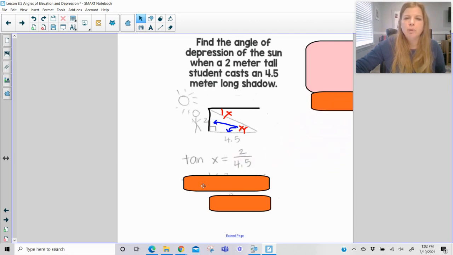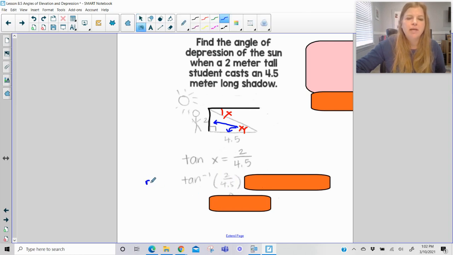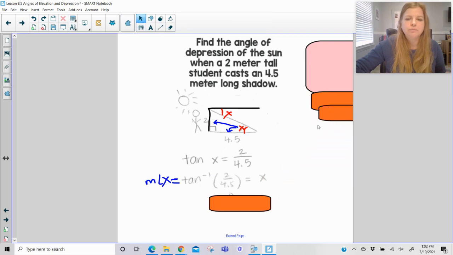And so remember, when you go to find the angle measure, we're going to say the inverse tan of that function is going to give us that angle. So I could even add in here, the measure of angle x is equal to the inverse tan of that ratio. Okay, and I wrote it as x after, just given that it's going to be the measure of that angle.